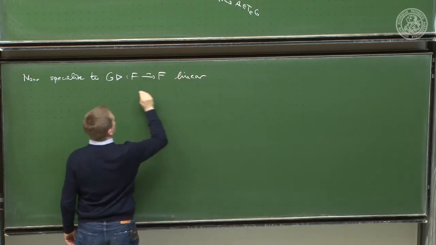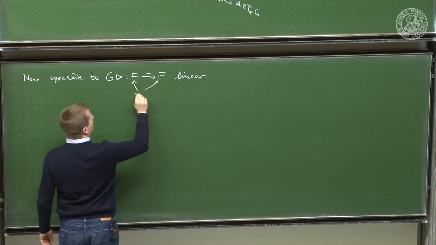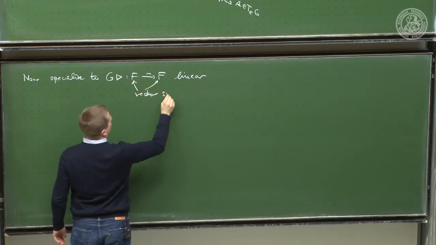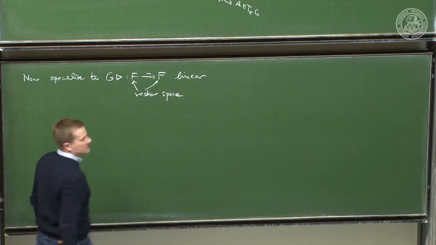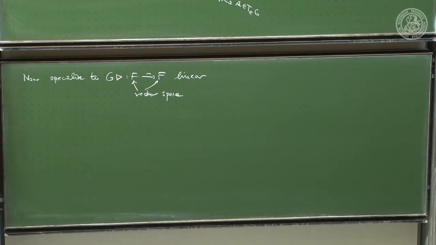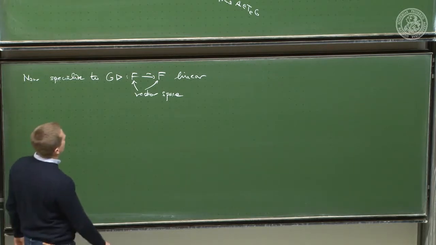Of course, that statement only makes sense if F is at the same time required to be a vector space. The theorem we just proved didn't use any vector space property of F, but now we're going to use it. So now we specialize to linear action.